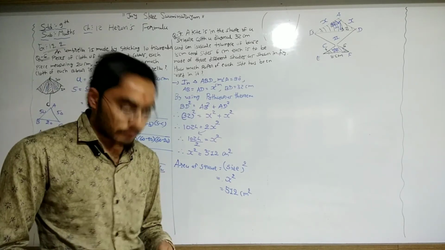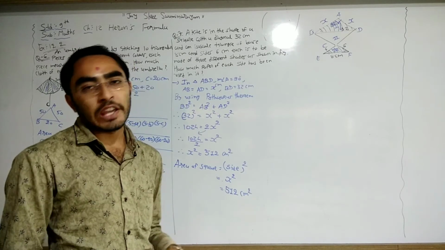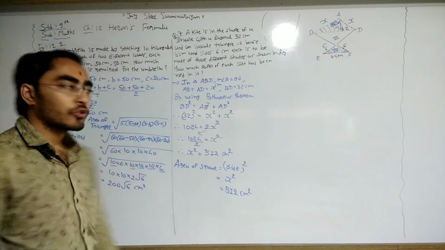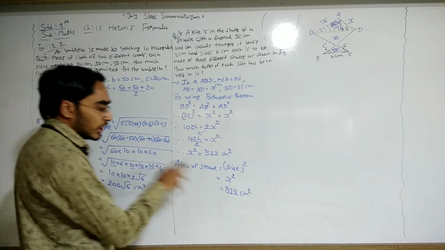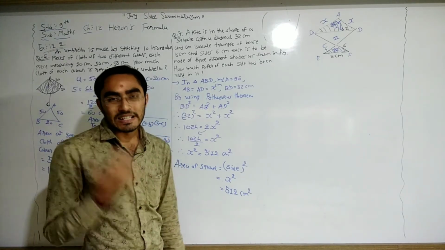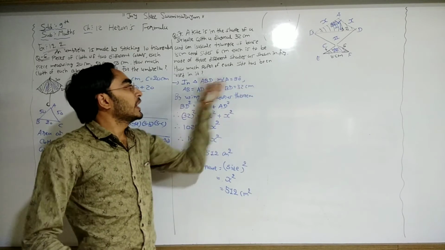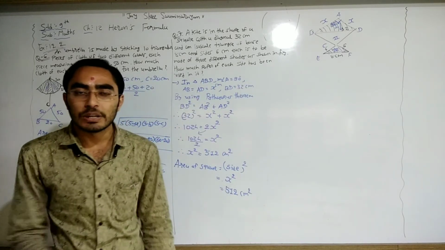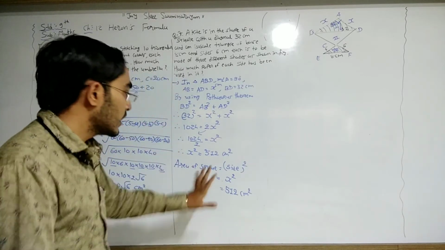If I find x, then I would still need to find x square. So directly x square is 512 centimeter square, because area of square is side multiplied by side, that means side square. I am taking side as x here, so x square is 512 centimeter square. This is the area of square.